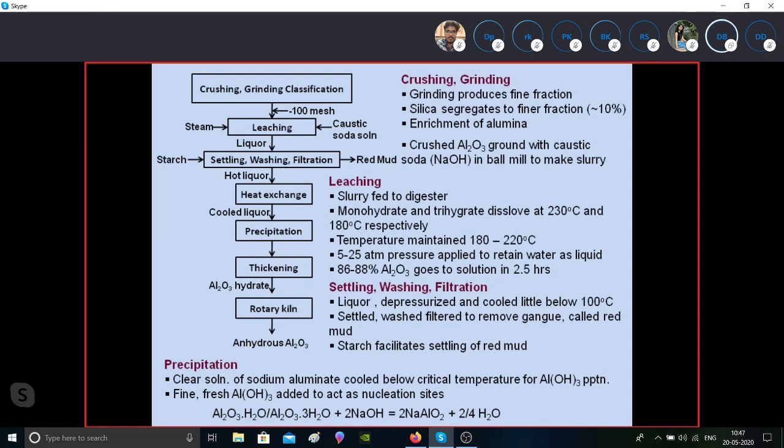Did you hear about a recent accident in the Hindalco plant? Not very recent, 6 to 8 months back. There was a red mud pond. Red mud was getting stacked up in a red mud pond, basically separated by a wall.